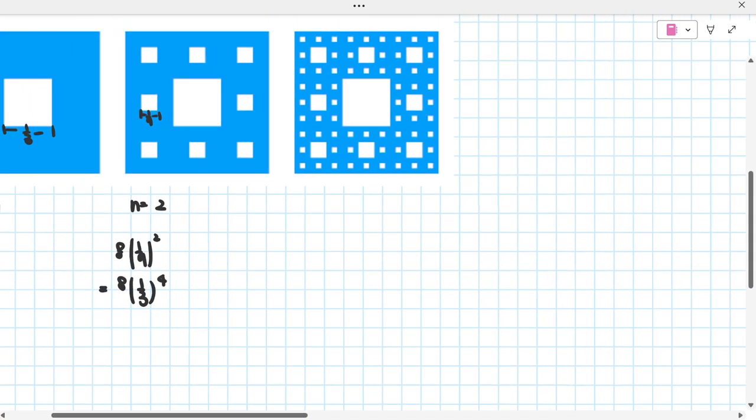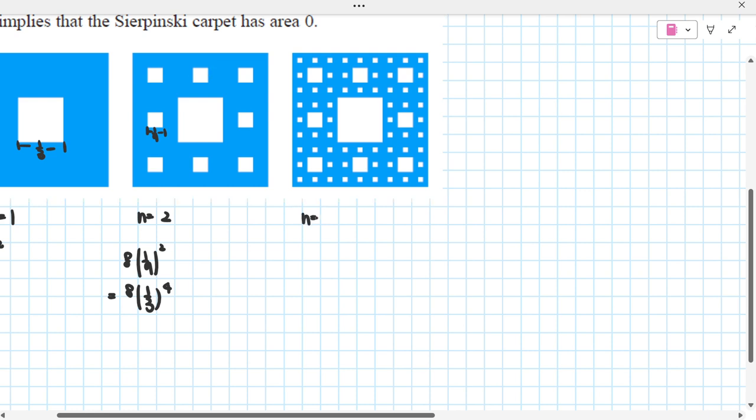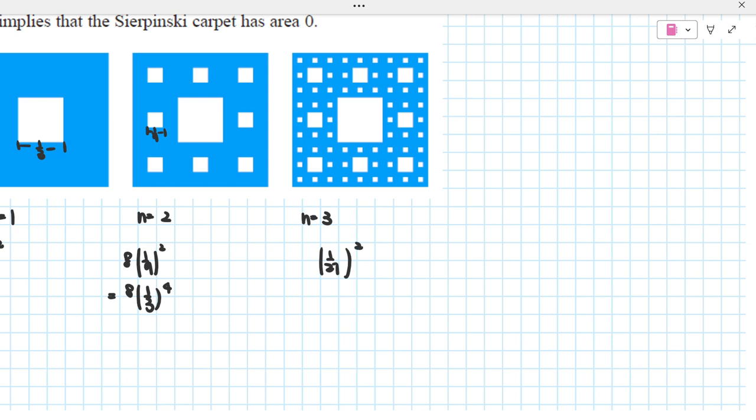And then when n is equal to 3, the side lengths of these squares that we're going to remove now become 1/27th of the side length of the original carpet. So their areas are going to be 1/27 squared. And now there are 64 of them, so times 64.